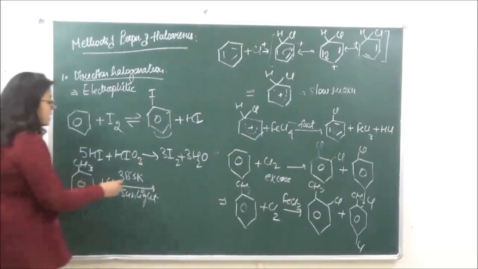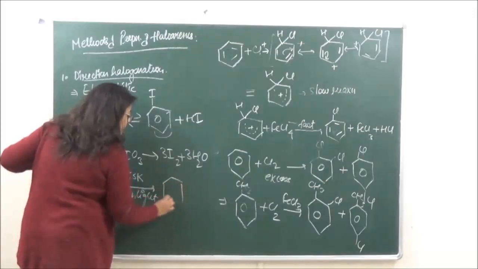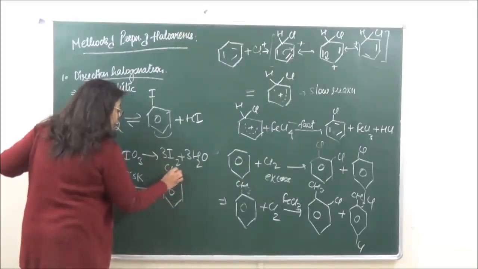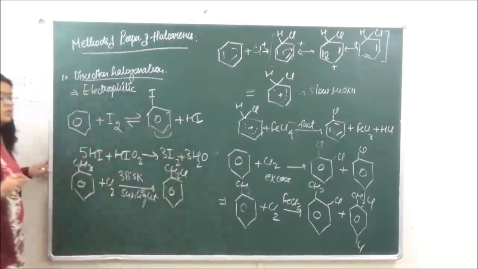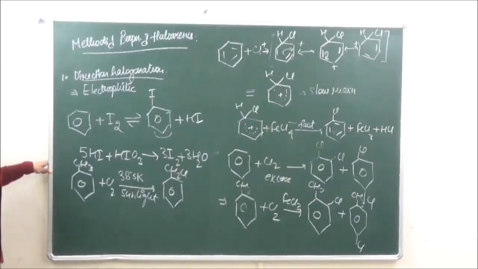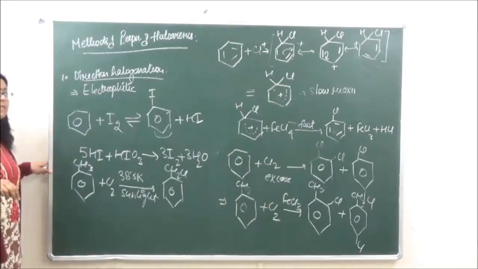Okay, now in this case there is going to be a side chain substitution, and the product is going to be CH2Cl. Over here the chlorine will not directly attack the benzene ring.